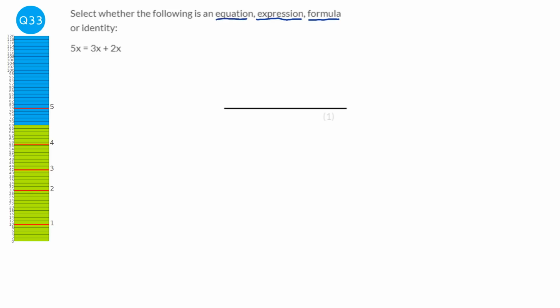An equation has an equals and it can be solved, so you can find out what x is or find out what a is. And an identity is true for all values of that letter. So an example would be x times x equals x squared. That's an identity because that's true for all values of x.